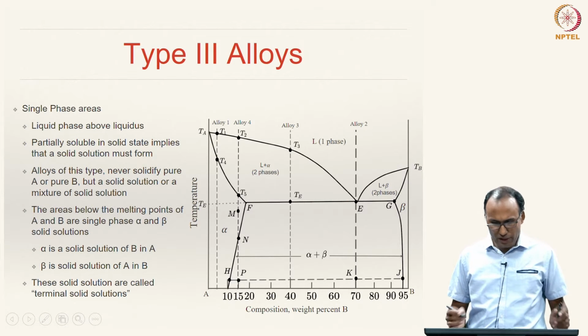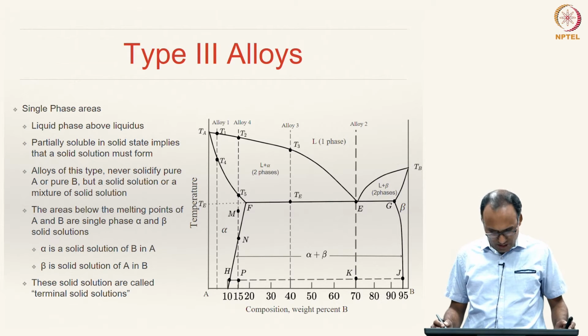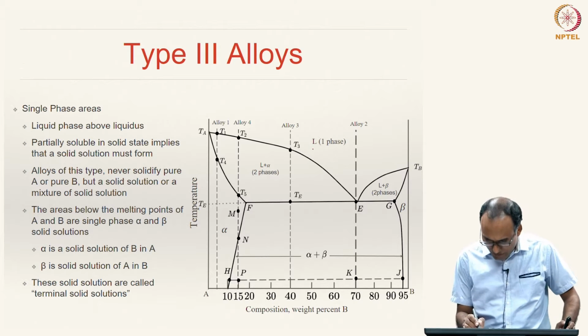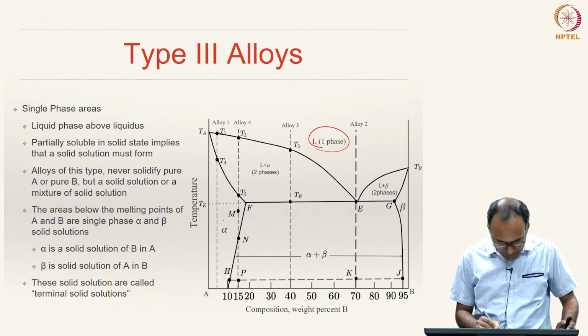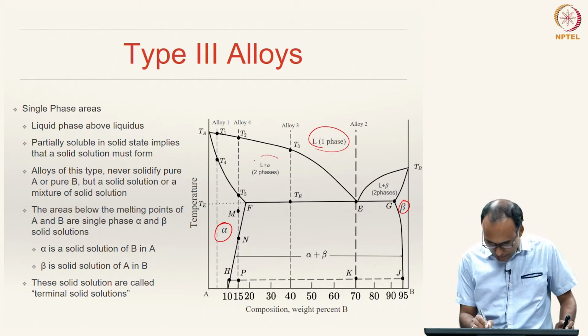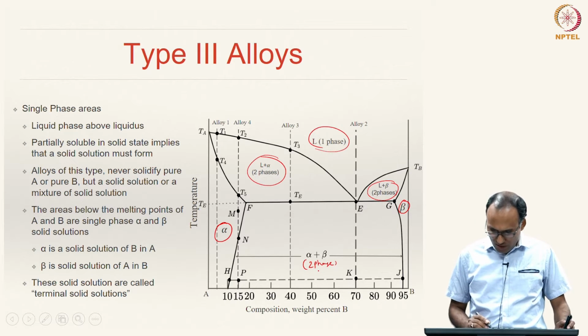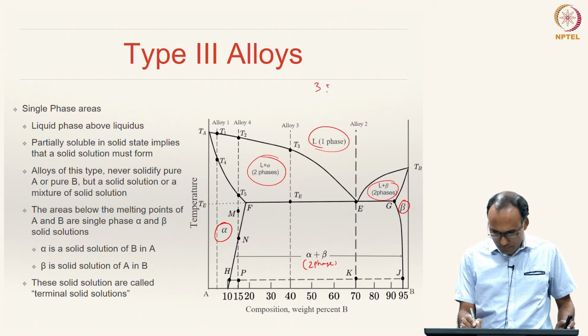All right. So, here we have single phase areas and two phase areas. This is a single phase area, another single phase area here, another single phase area here, and here you have a two phase region, here a two phase region, and this is also a two phase region. So, in total you have 3 single phase regions and 3 two phase regions.